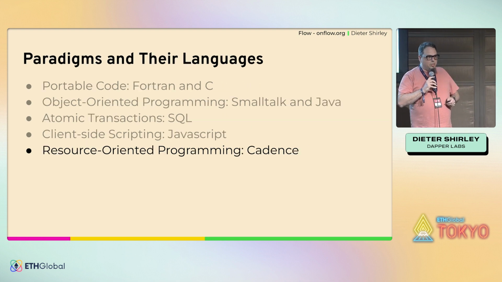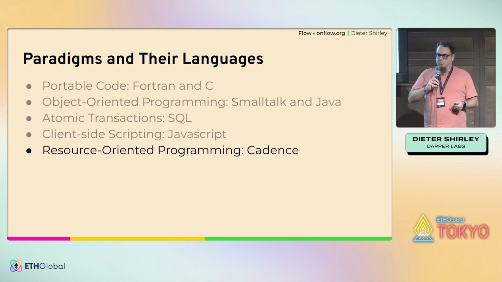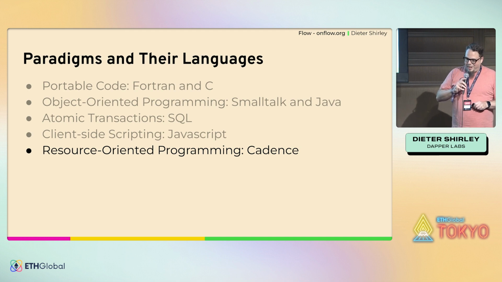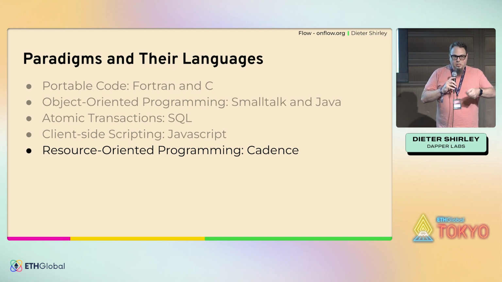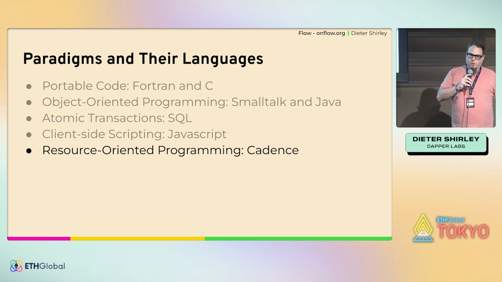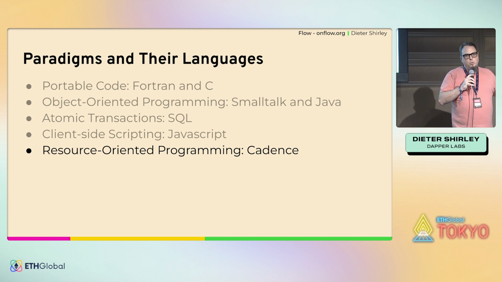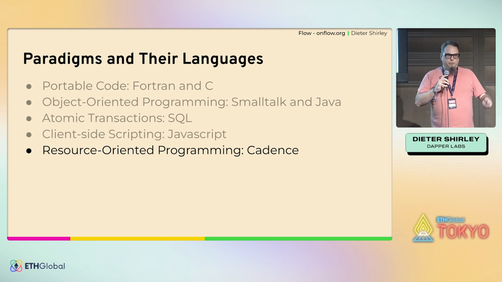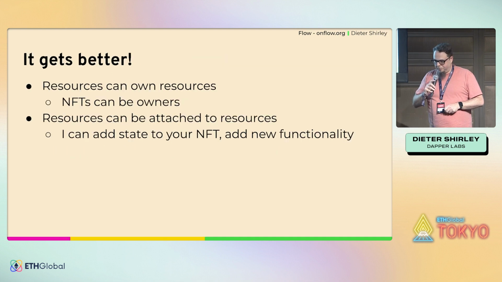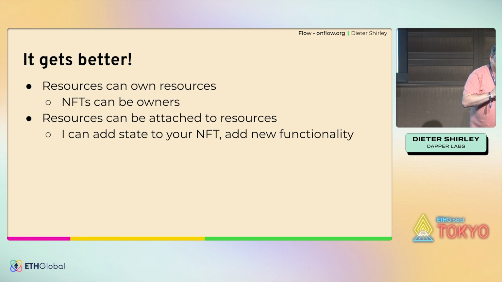We've introduced a language called Cadence that has thousands of users and implements all of this natively. It's got beautiful syntax inspired by Swift, and it's intended to allow much more powerful and complex smart contracts with fewer bugs, less complexity, and fewer security problems. But wait, there's more.